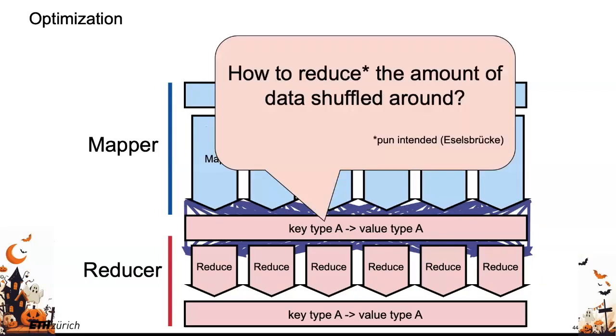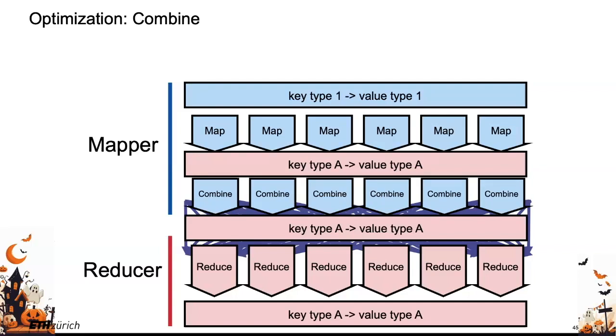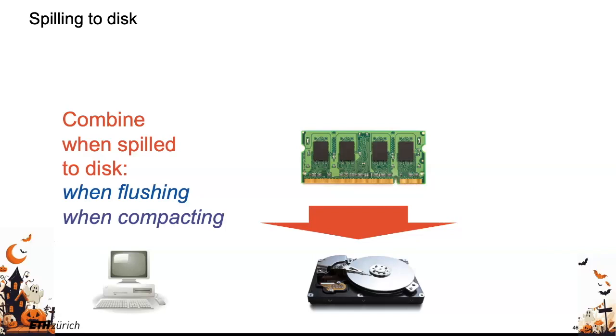So the idea is that in the mapping phase, on the mapping machines, in the mapping slots, we have an extra workload after we've applied the map function. We combine the intermediate key values into fewer intermediate key values. Now, the way it's done and the moment where it's done come without any guarantee. So you can suggest a combine function to MapReduce. We'll see how we do that.